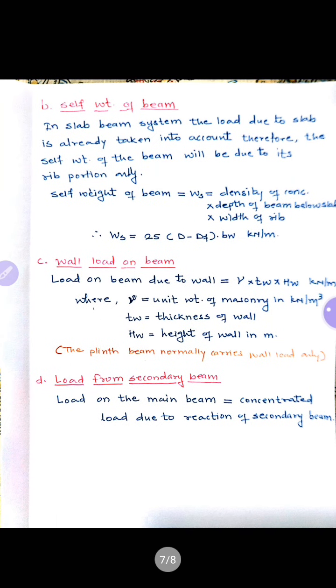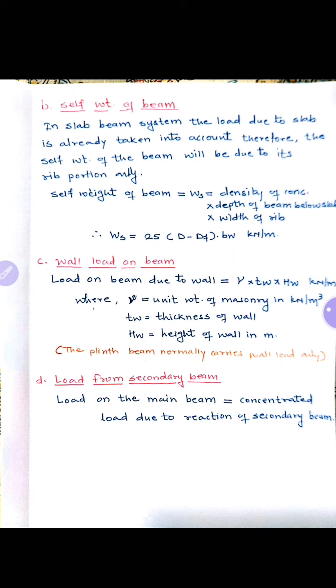So this is all about the loads on beam from slab. In addition to this, we have to consider self-weight of beam. In simple terms, as we have already calculated for slab and staircase, it is density of concrete into area of that element.